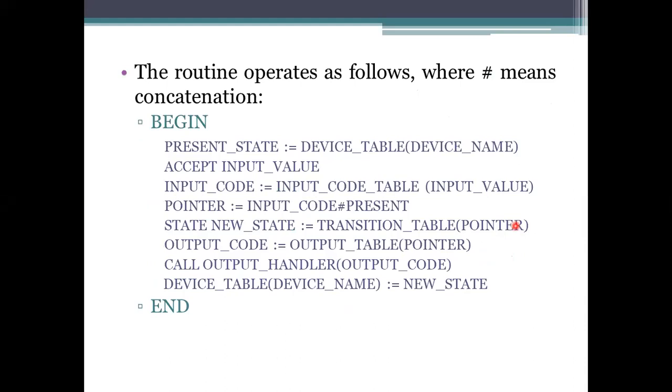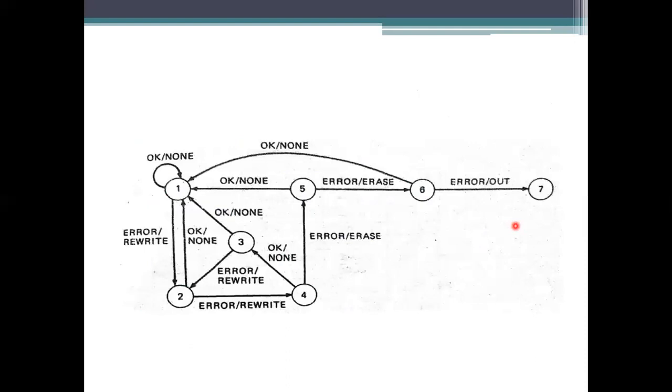And this is the program, what it is processing. So here the present state takes the device name, and the device has been checked here. In this example, the present state is 1. So at this state, what is the input here?